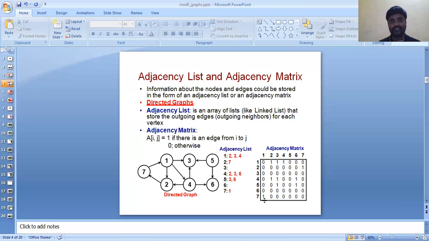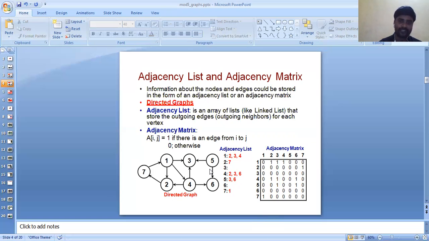Secondly, the adjacency matrix, where a_ij equals 1 if there is an edge from i to j, otherwise it is 0. So how many possibilities will be there, we can check. See here, for vertex one, two is there, three is there, four is there. For the second, seven is there.